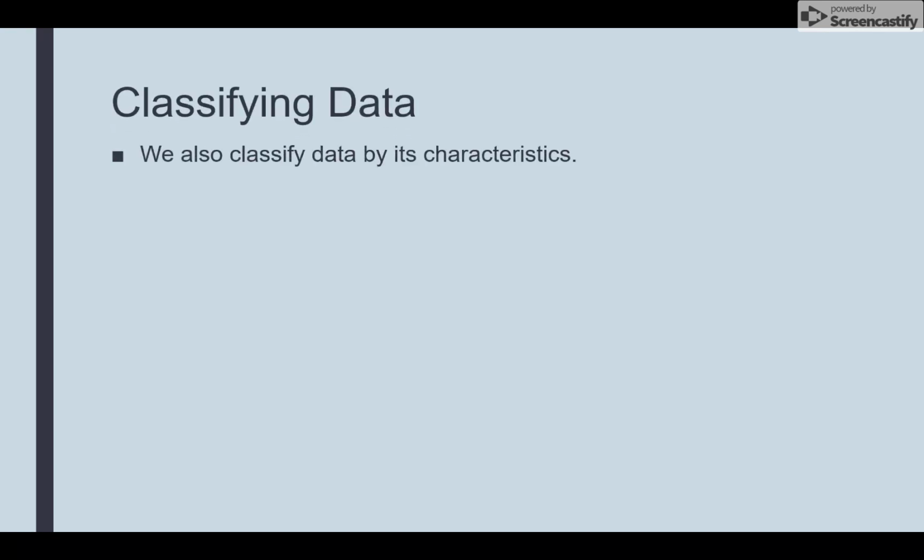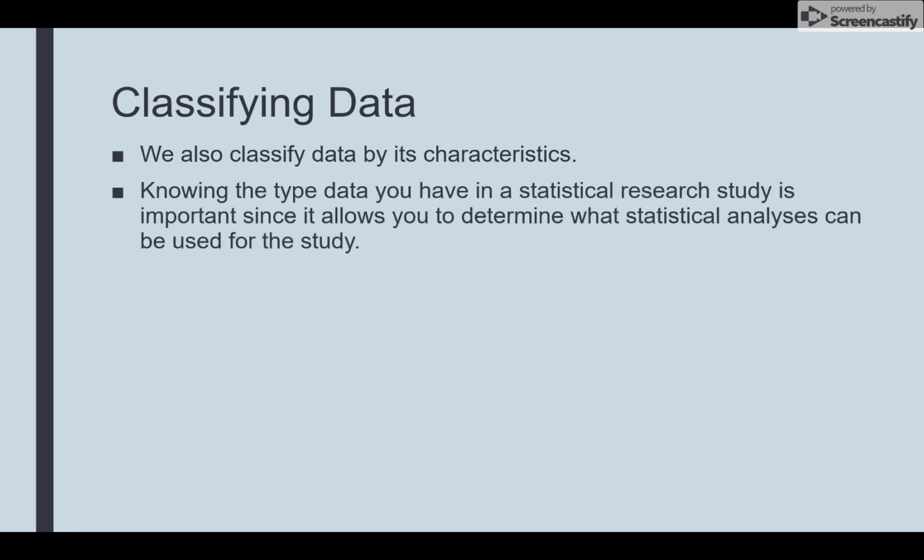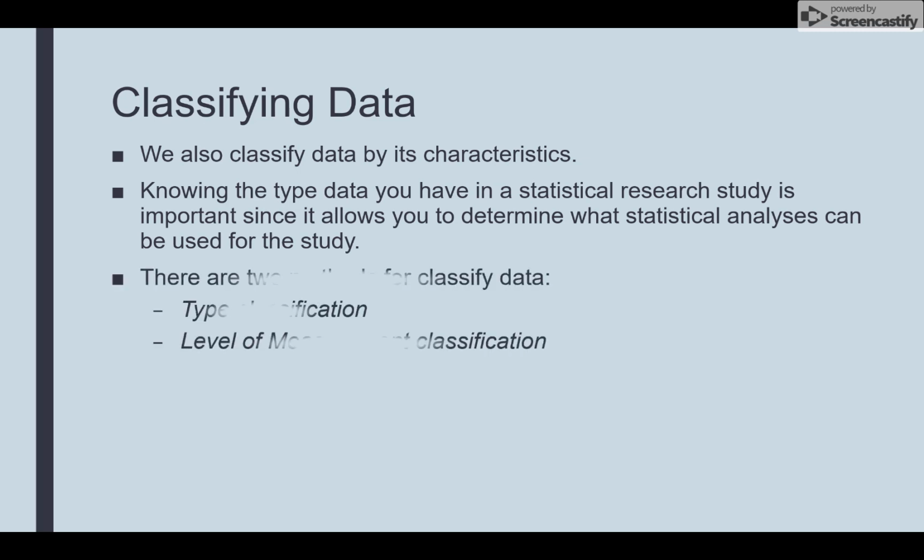In statistics, we can classify our data by its characteristics as well. And knowing the type of data you have in a statistical research study is important, since it allows you to determine what statistical analyses can and cannot be used for that particular study.